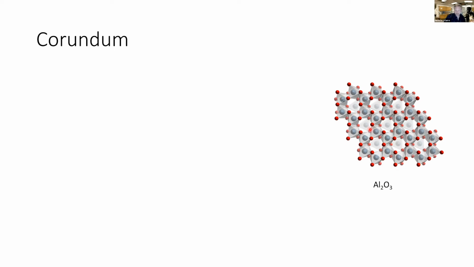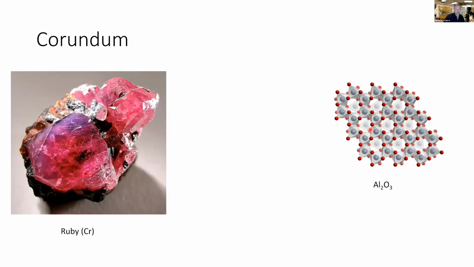But if you put in a little bit of an impurity, chromium impurities, you get ruby, which of course is this beautiful pink color. There are a small number of defects in this structure which form a little bound state with quantized energy levels, and those quantized energy levels correspond with this beautiful pink color. That's why they're called color centers, and they give this color here.